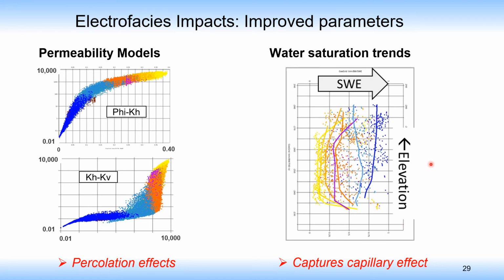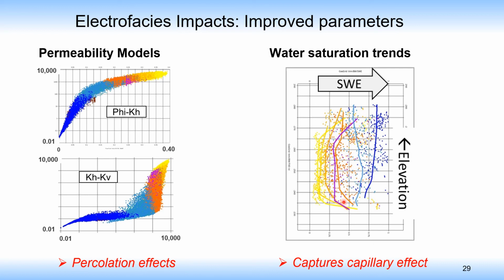As well, in the water saturation, when we look at it by facies, we can now fit these trends, elevation trends, and use them in the modeling process. And this helps us capture that transition effect at the bottom, whereby the best quality facies have a sharp transition, and as the quality degrades, that transition steepens.